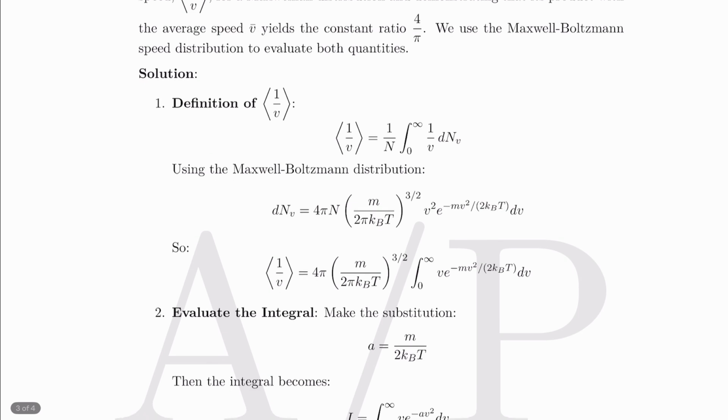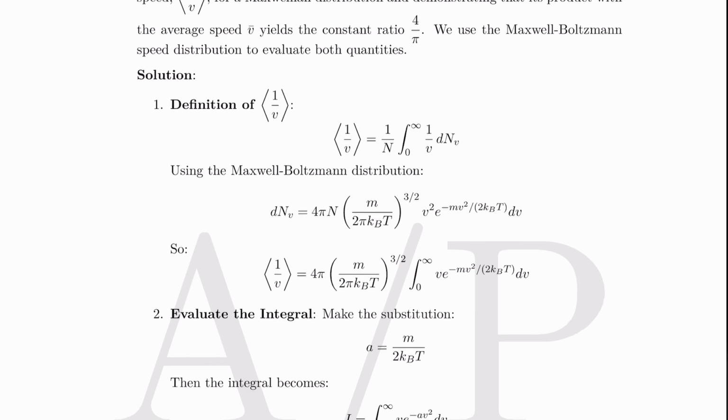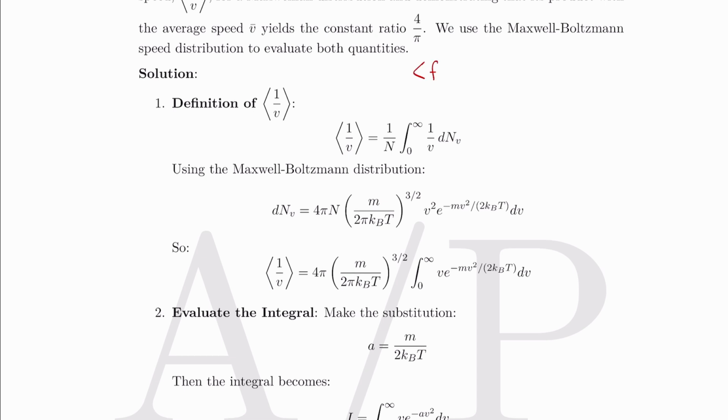So what we can do, we can use the definition of the average. So the definition of the average of a function f is going to be 1 by total number, integral from 0 to infinity of the function multiplied by the number.